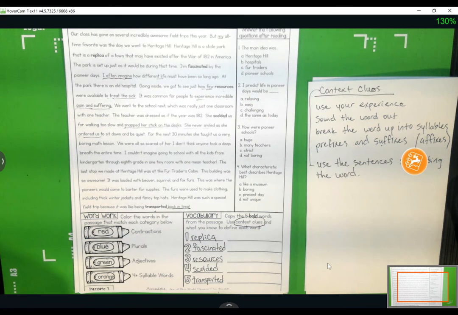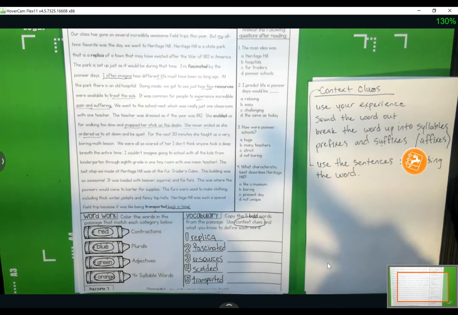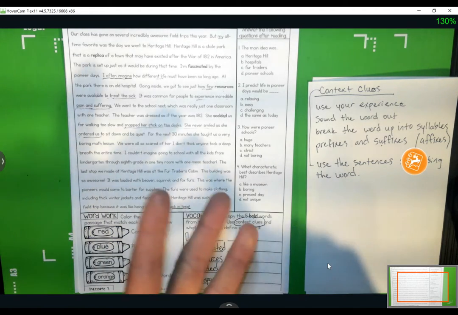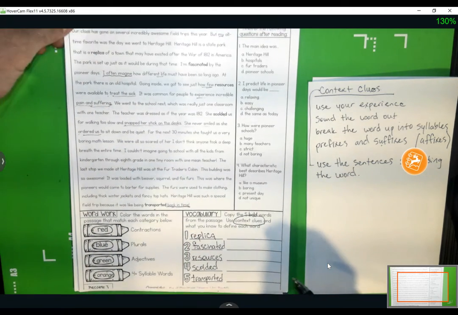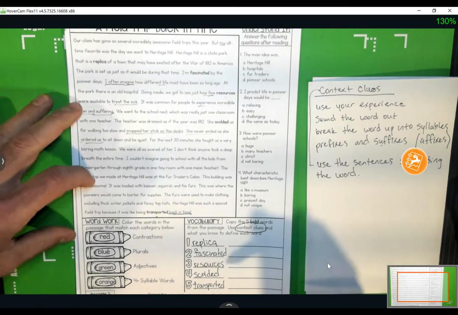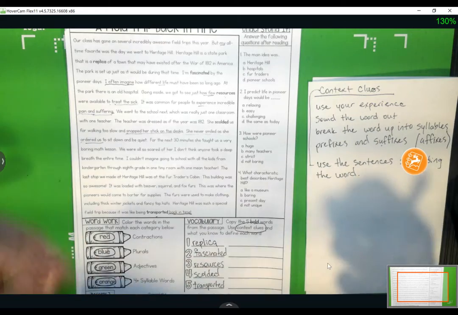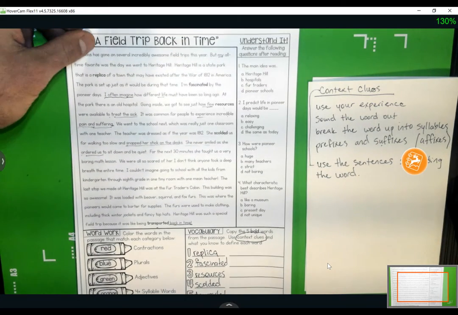Of course, we want to create our own definition first, and then we go to dictionary.com, and then we find out the actual definition. For our word work here, we are leaving out the create a sentence and draw a picture of each one of those words. So for our class, we already have this as a routine. We do this weekly. We do it daily in the classroom.